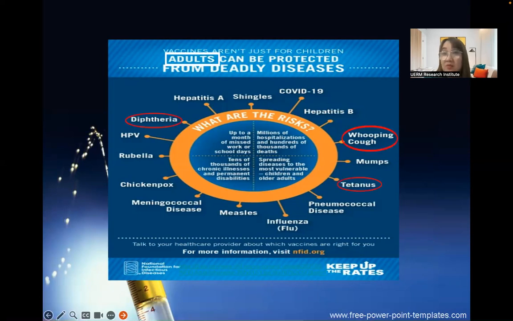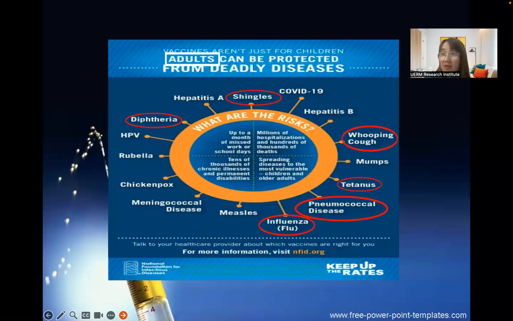So in the adult immunization schedule, we see similarities with vaccines given in the pre-adolescent and adolescent age groups, such as Tdap, tetanus, diphtheria, and acellular pertussis, Hep A and Hep B, MMR, varicella, and HPV.